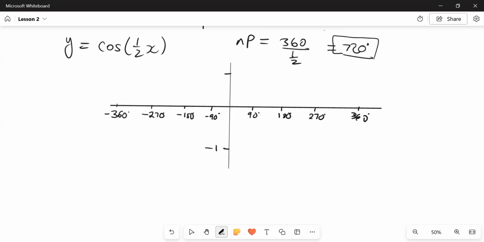At negative 360, it's 1... 0 at negative 180, then negative 1 at 0... and then we have to join the graph. And then you'll have something like this. So now this is our new graph, whereby the period has been affected.